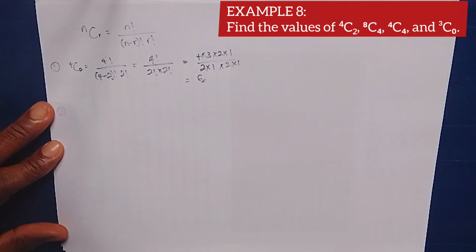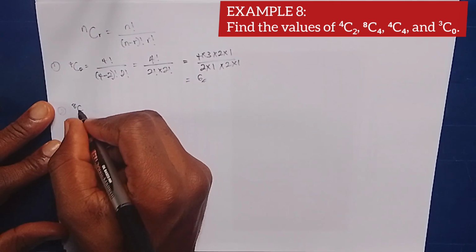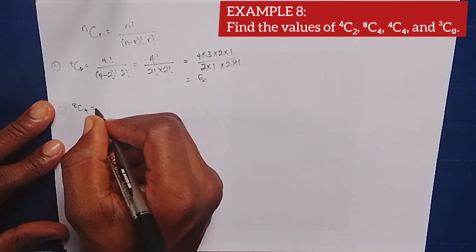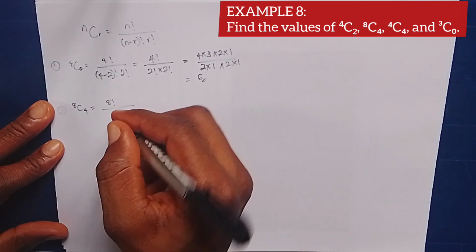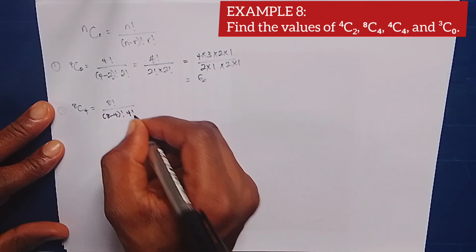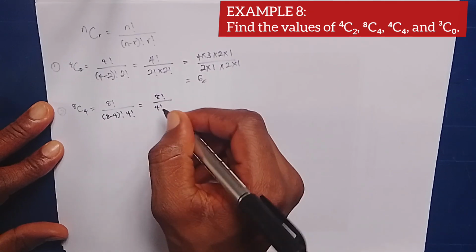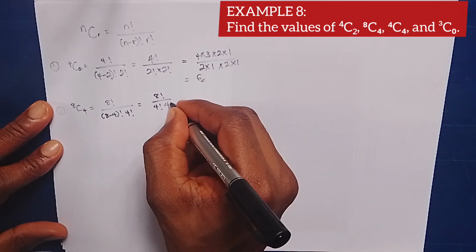Second, we are asked to find the value of 8 combination 4. It is equal to 8 factorial over 8 minus 4 factorial, 4 factorial, which equals 8 factorial over 4 factorial, 4 factorial.